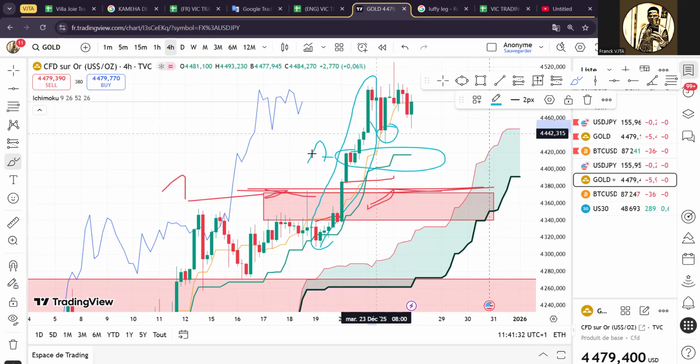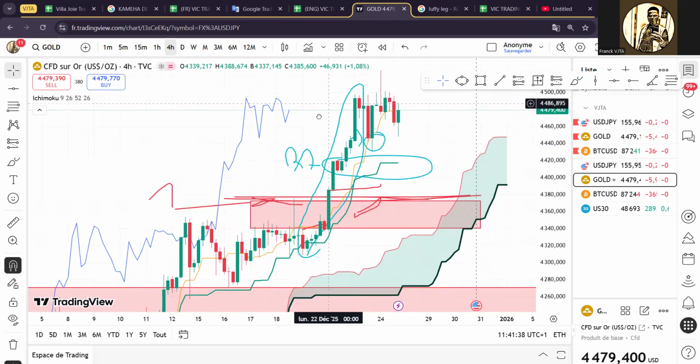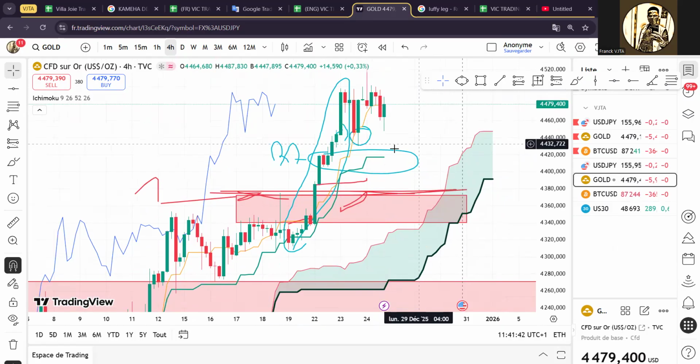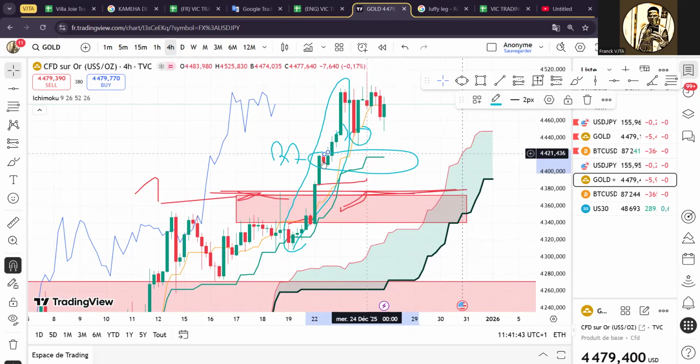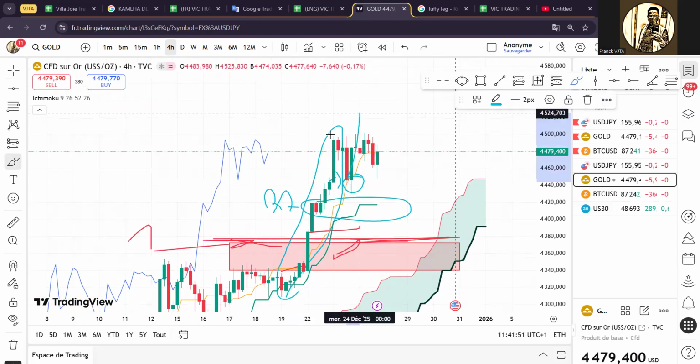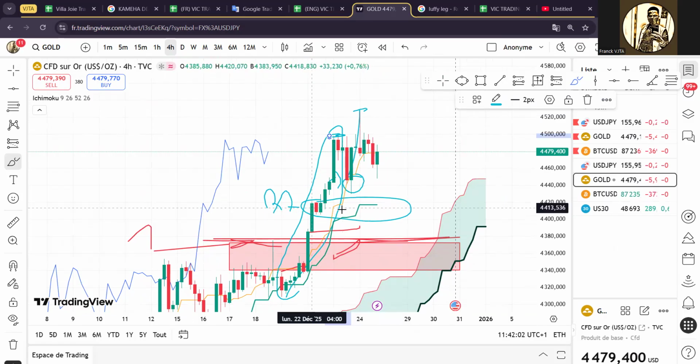So this one was the first, and the red candle will be the second. But what is interesting is that we will probably not reach this red candle of the Luffy leg, because we have created a new high above this leg. So there is little chance that the market reaches this red candle.